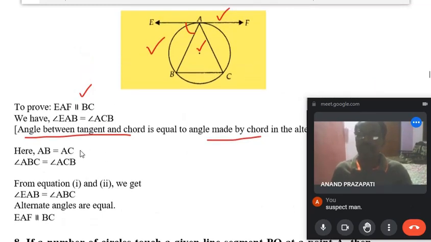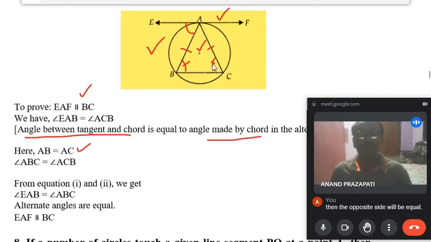Here AB equals AC is given, so this angle equals this angle. Therefore this angle will be equal to this angle. When two angles of a triangle are equal, then the opposite sides will be equal.